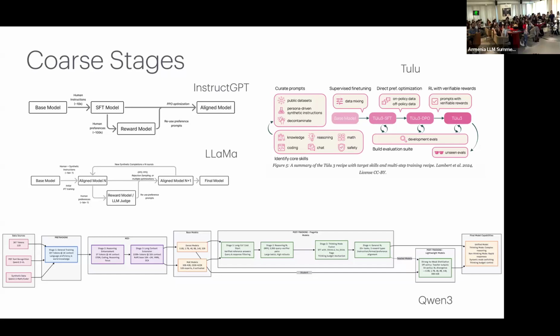So what we're seeing is that the core recipes that were developed a couple of years ago, that were very simplistic in nature, are now all of a sudden becoming relatively complicated. And by the way, part of this is also organizational. If you want to have a relatively large team that is building these models, it's very nice to be able to say, hey, you're doing stage 1 of mid training, rather than trying to get everyone to build a unified system.